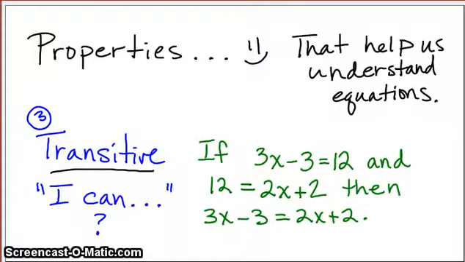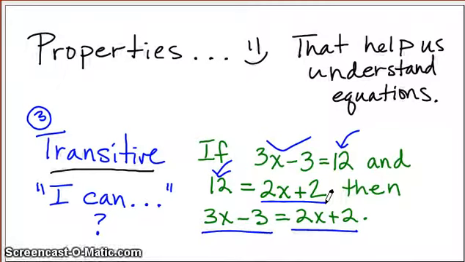The transitive property. This is equating three values together because they have one in common. So eventually I can say 3x minus 3 is equal to 2x plus 2. Why can I say that? Because 3x minus 3 equals 12. 12 is also equal to 2x plus 2.